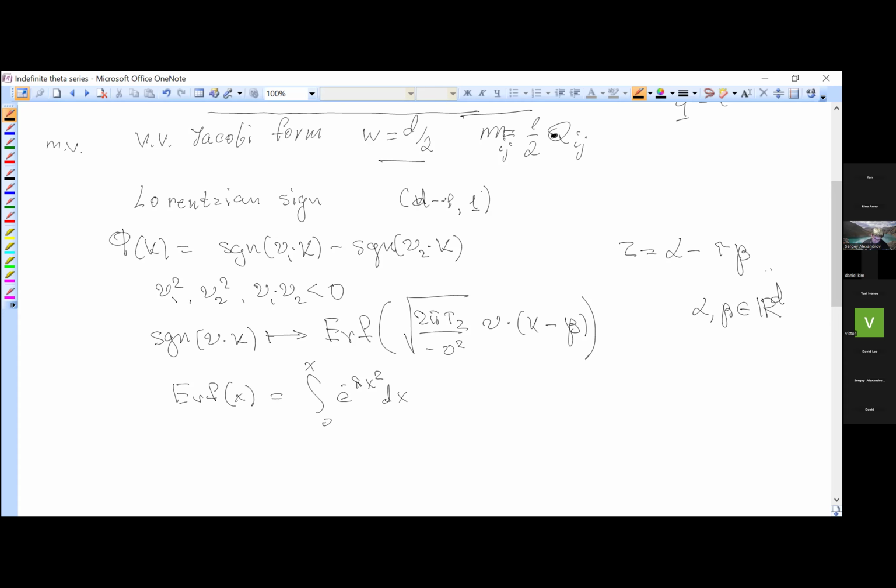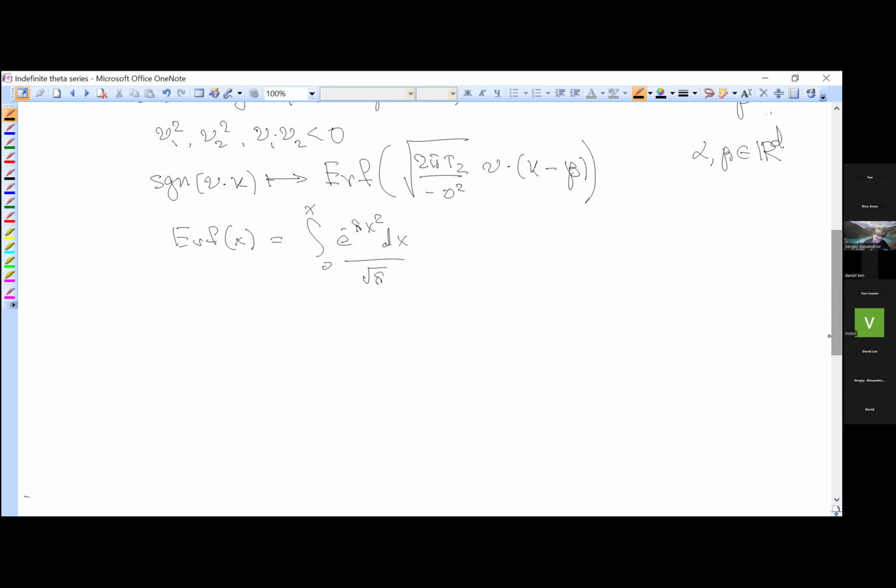So in the limit where, for example, the argument of the error function goes to infinity, you need to normalize it properly, by some square root of pi probably here. I don't remember the precise normalization, but okay. So you get the sign function in the limit x goes to infinity.